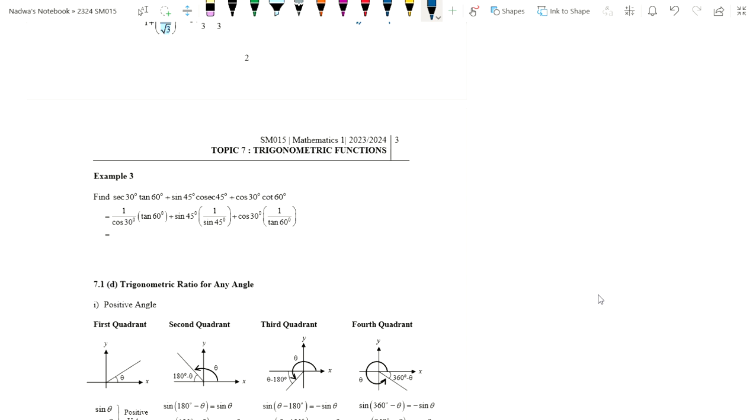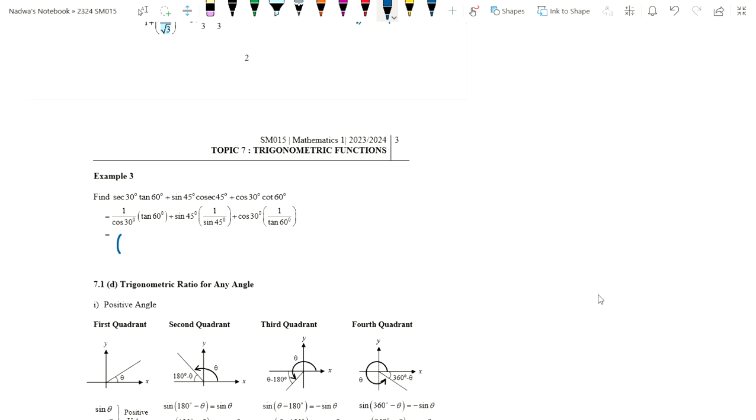So that's why we have to memorize the values for the special angles, 30 degree, 60 degree, 45, and so on.